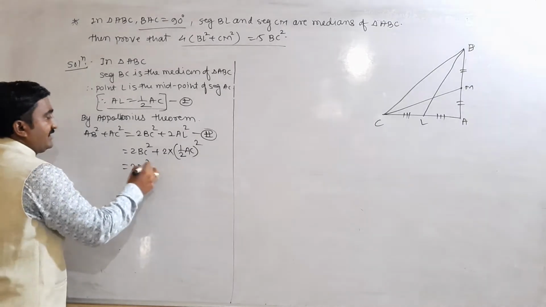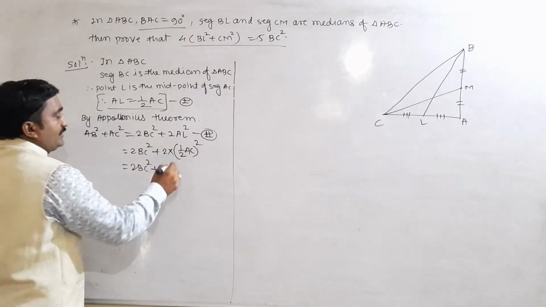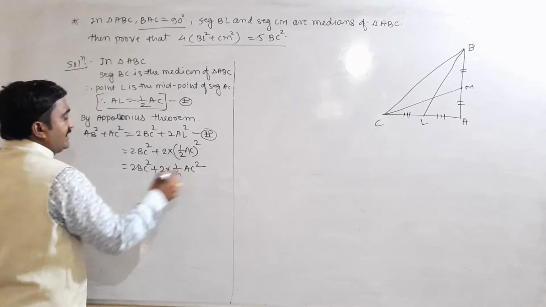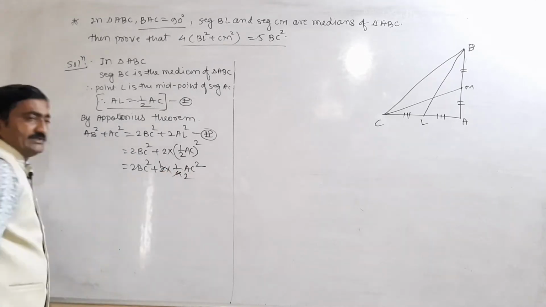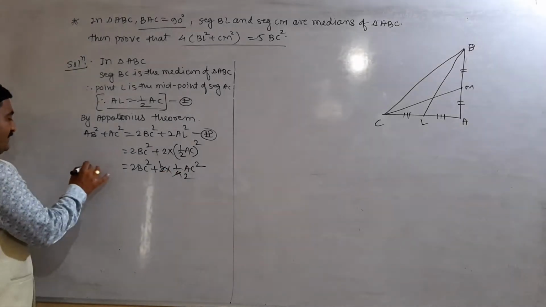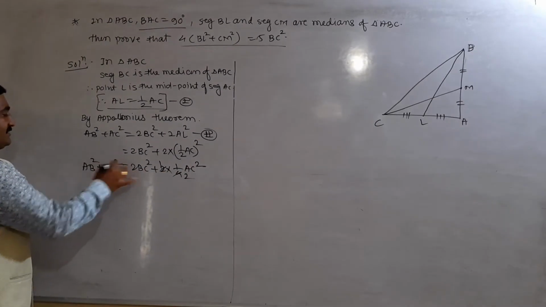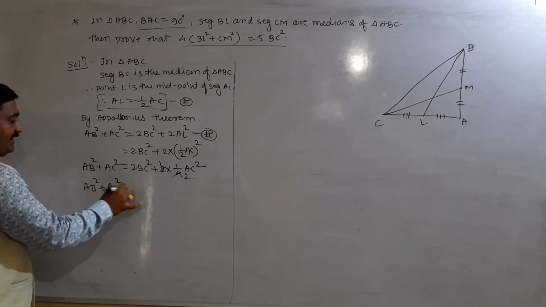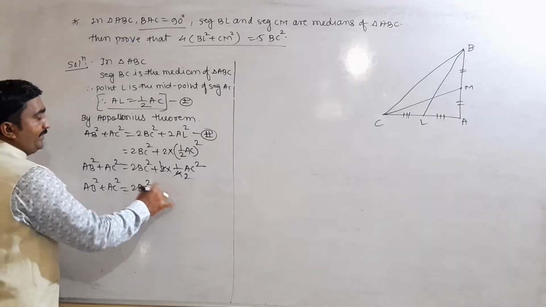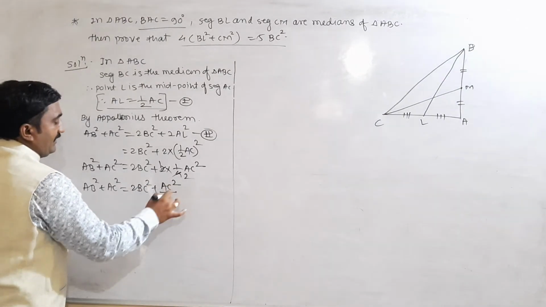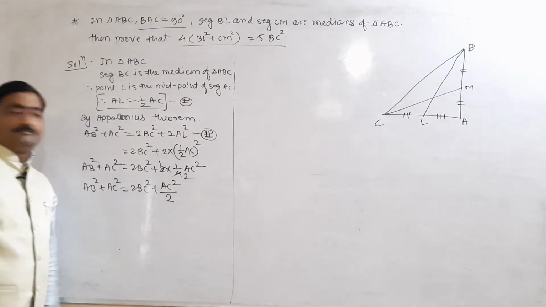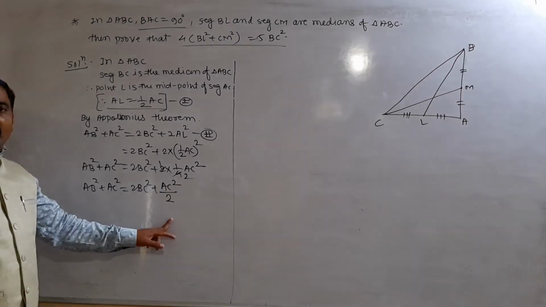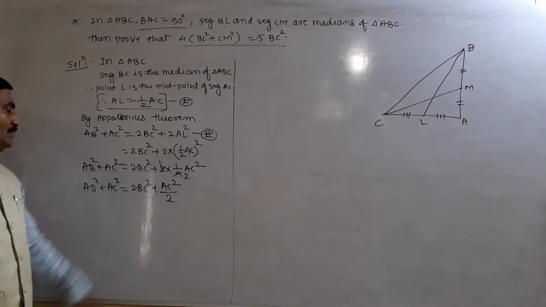So 2BC square plus 2 into 1 by 4 AC square, that is AC square by 2.